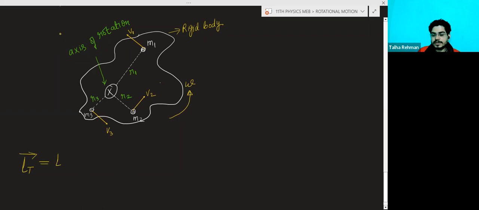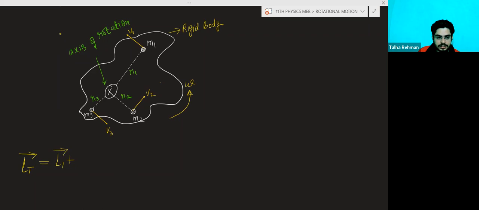Because angular momentum is a vector quantity, the total angular momentum is equal to L1 plus angular momentum L2 due to mass 2 plus angular momentum L3 due to mass 3 plus, and so on, since there are n number of masses in this model.